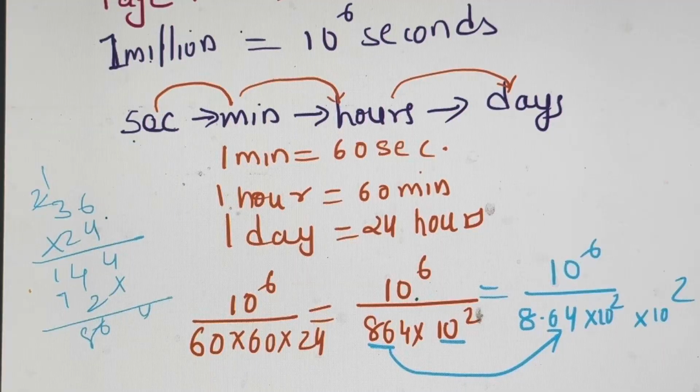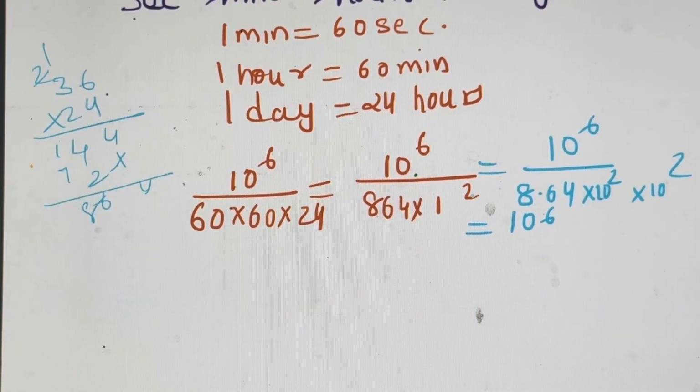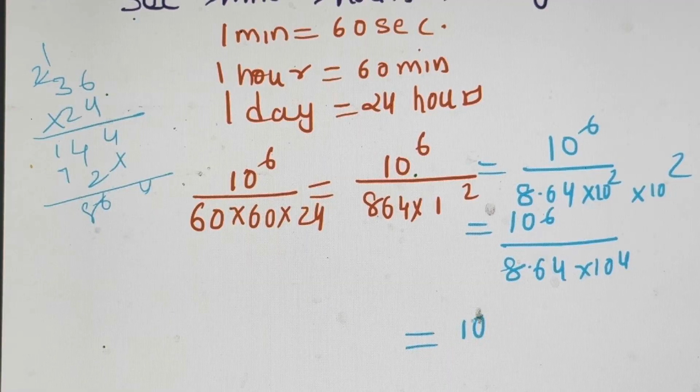So now this is multiplication, so we add the powers: 10 raised to 6 divided by 8.64 into 10 raised to 4, since 2 plus 2 is 4. Now we subtract the powers because this is division. So 6 minus 4 means 2, so 10 square upon 8.64.